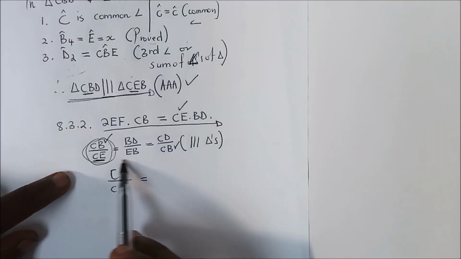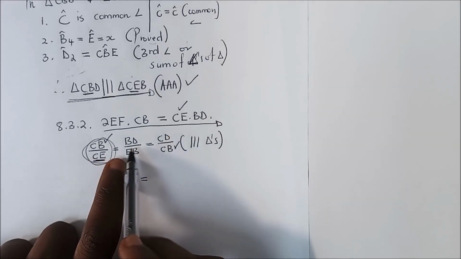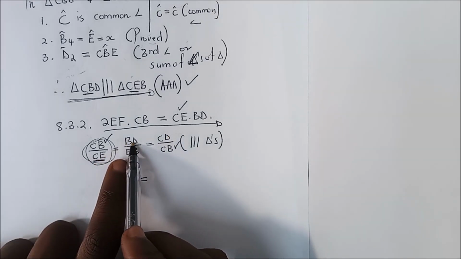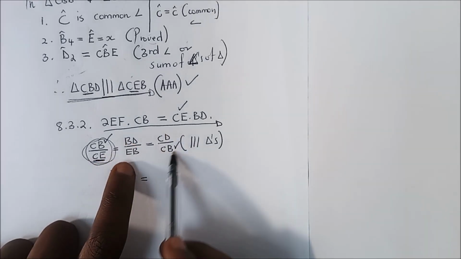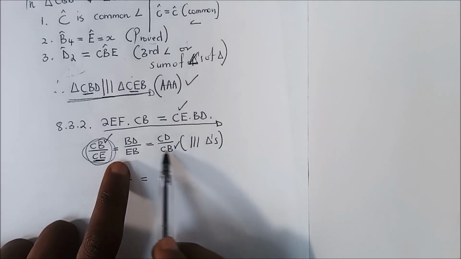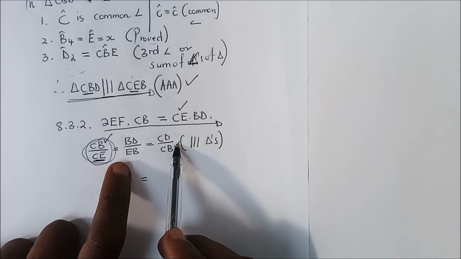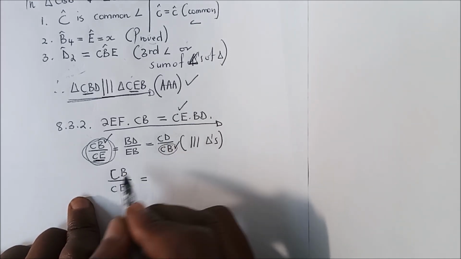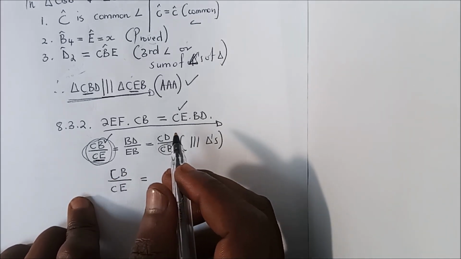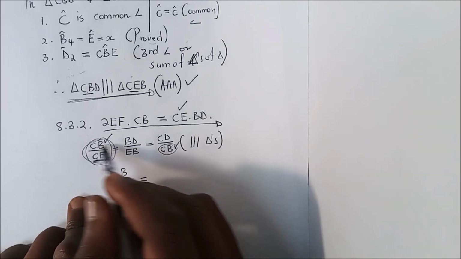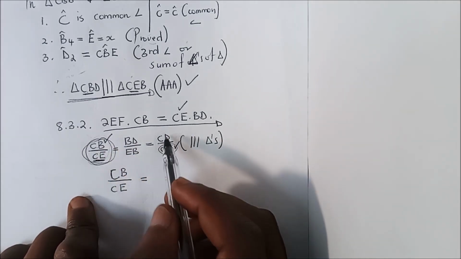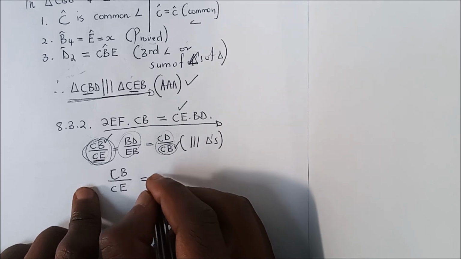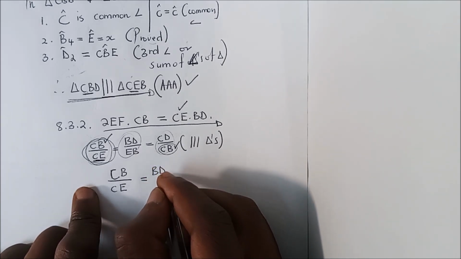So now we're going to compare between the two. Are you aware we have BD and then we don't have BD here? But with CB we have CB. So CB, here is CB, and then CB, that's the second CB. So we're not going to take it. At least if we had CB squared, we would know that we're going to take the two. So we can go with that one with BD because we are looking for BD.